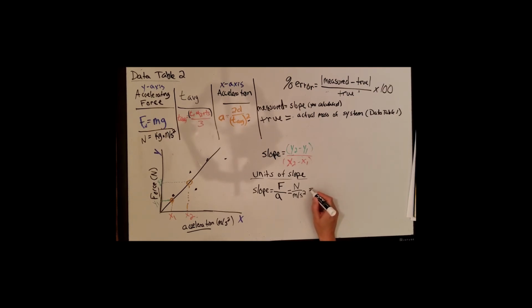Okay, so let's take this a step further. What are newtons? To figure that out, I'm going to go back up here and look at force. Force, we said, is measured in newtons. But how do we calculate force? We take mass, in this case, and multiply it by gravity.